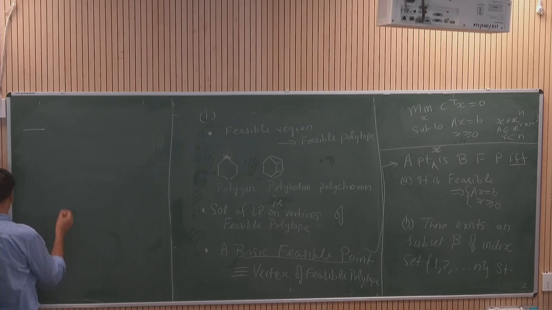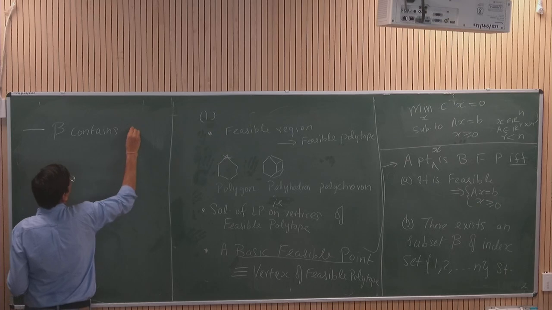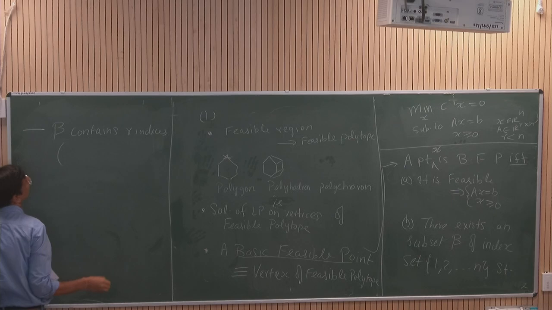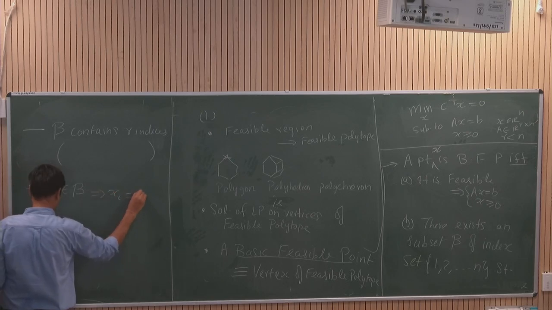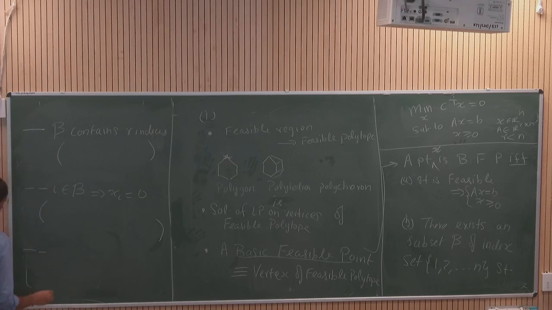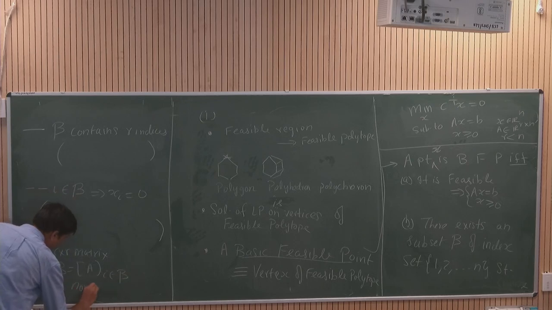If B contains R indices, let me write it down, then it will make more sense. If i does not belong to B, which implies x_i is equal to 0, and the R × R matrix B equal to A_i, i belonging to B, is non-singular.